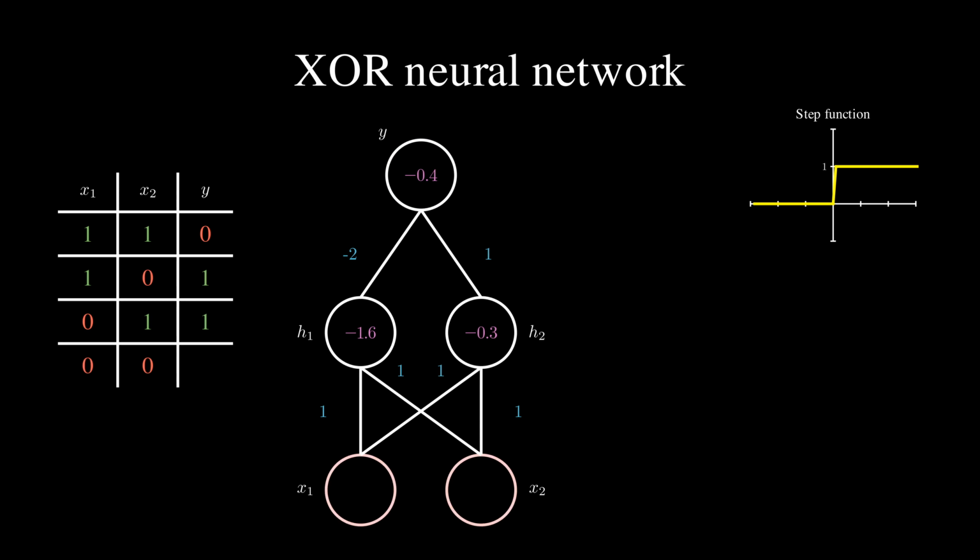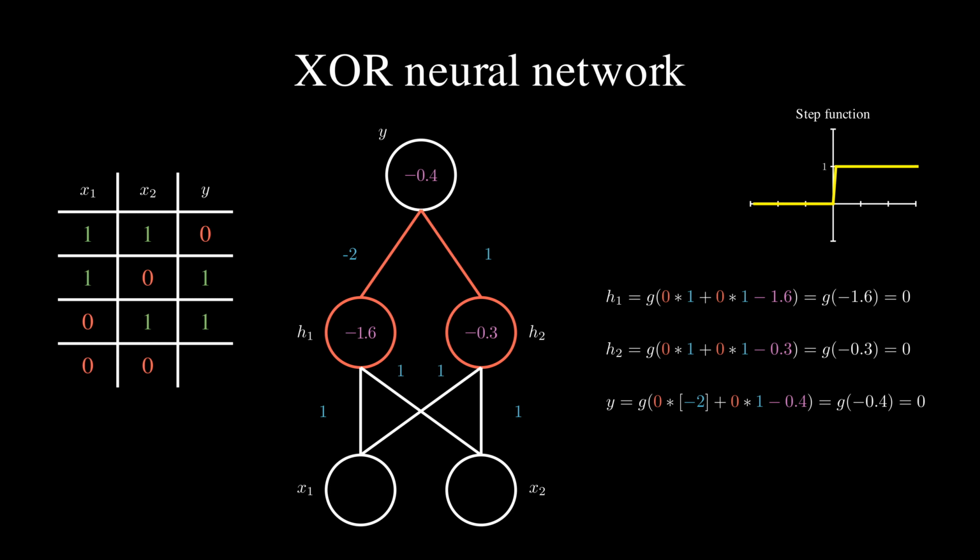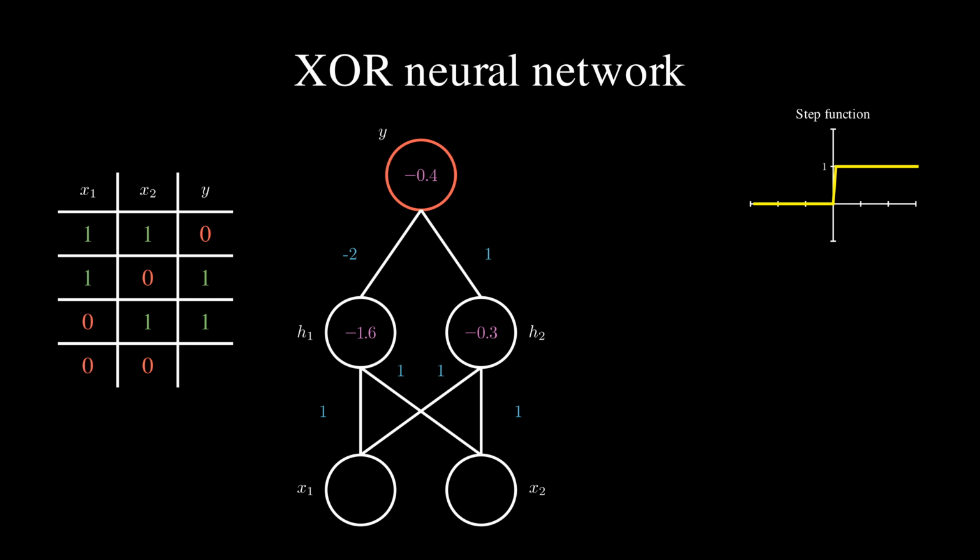In the last iteration, both nodes are inactive, and the output value is 0. Thus, our neural network model fully simulates the XOR function.